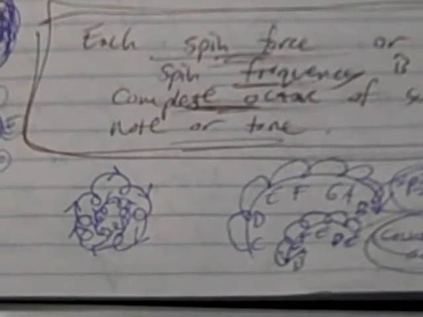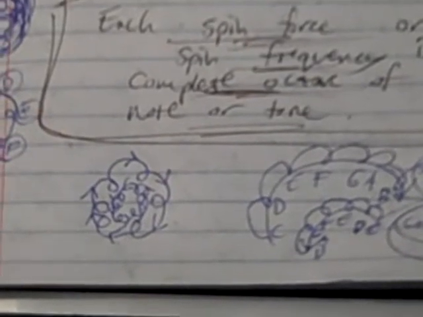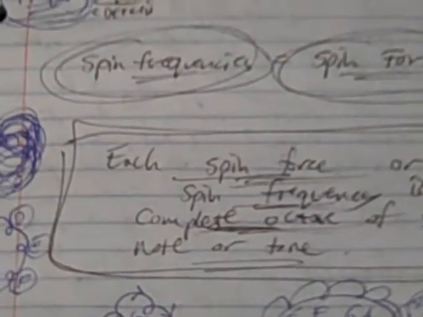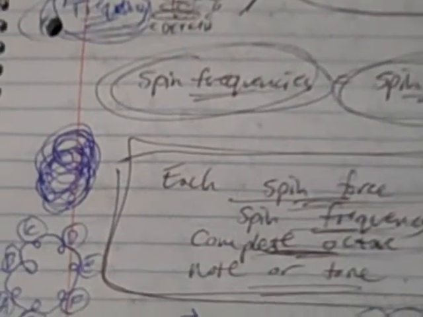In other words, when a spin force begins, it begins at a certain tone and it ends at a certain tone. The whole point is that by understanding these tonal progressions, we can maybe measure, model, map, predict, or better understand spin forces and spin frequencies.